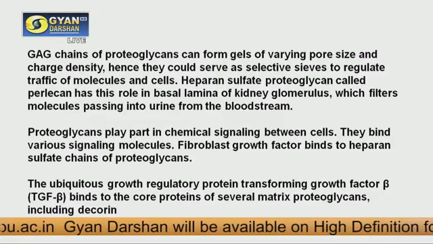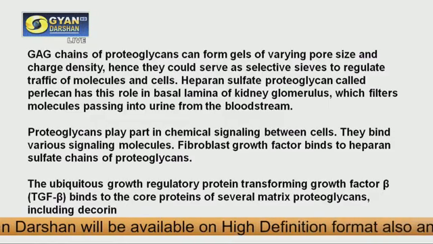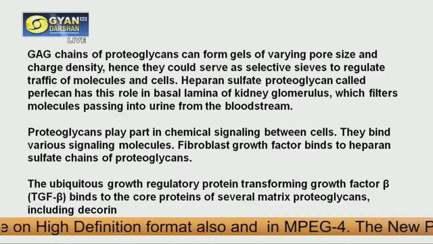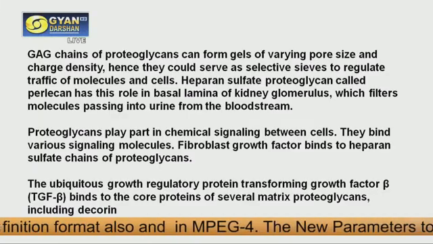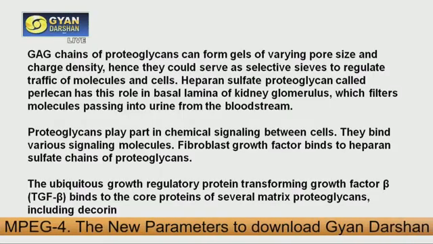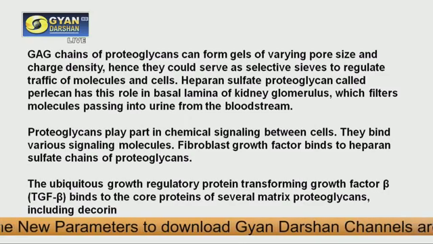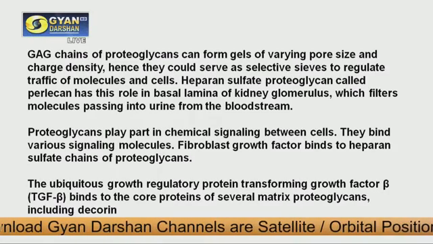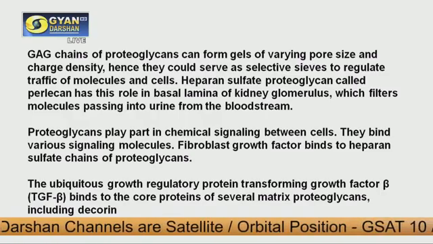Hence, they can serve as selective sieves to regulate traffic of molecules and cells. Heparan sulfate proteoglycan called perlecan has this role in basal lamina of kidney glomerulus, which filters molecules passing into urine from the bloodstream.